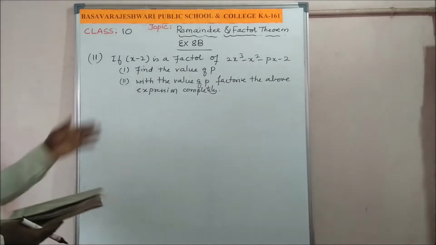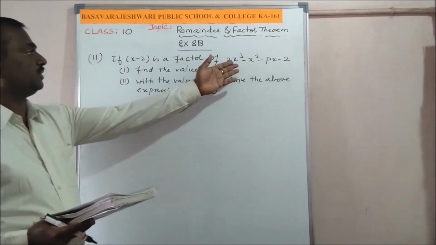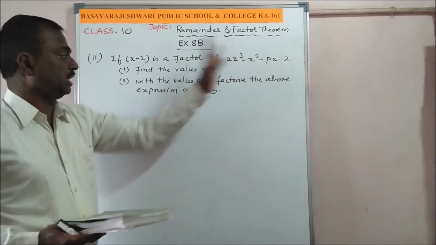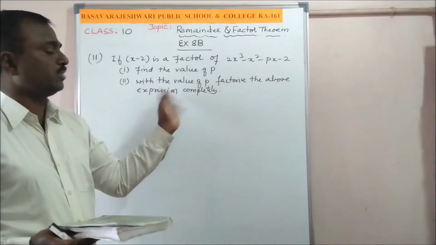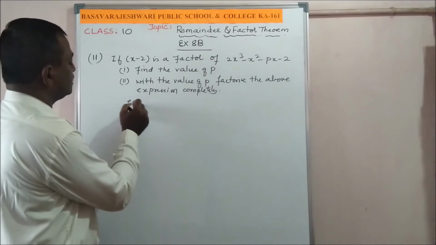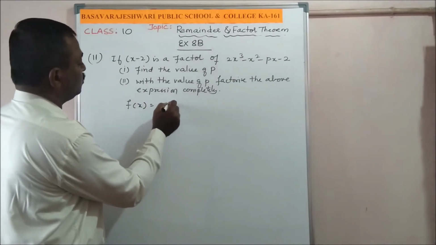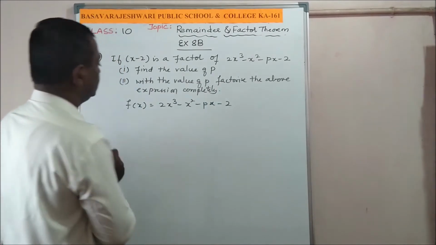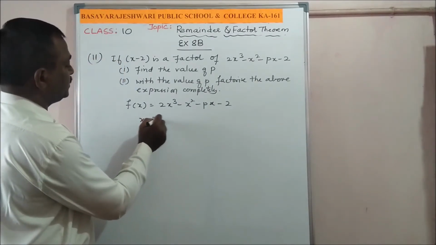So the 11th one: x minus 2 is a factor of the given polynomial. Find the unknown term p. With the help of p, factorize the above expression completely. So f of x is 2x cube minus x square minus px minus 2. So x minus 2 is equal to 0.